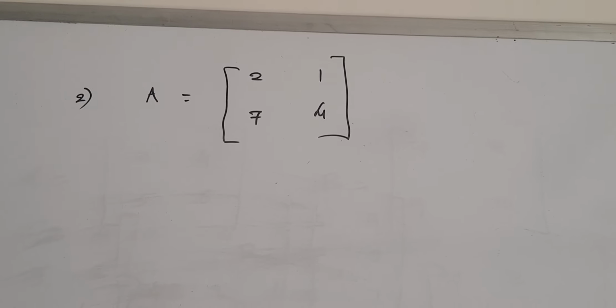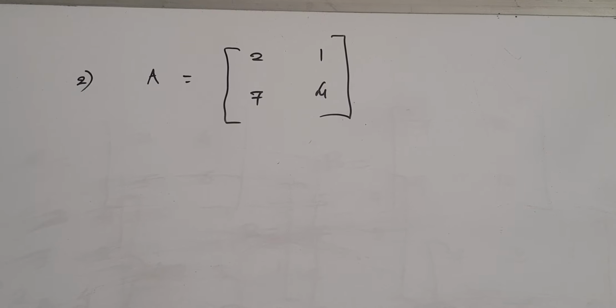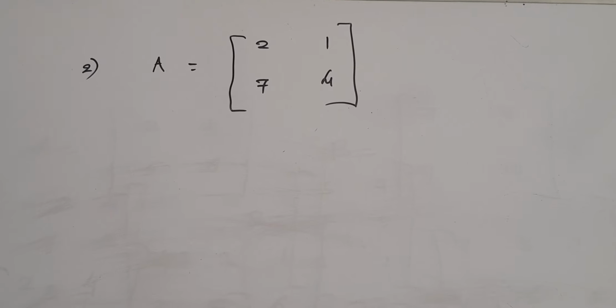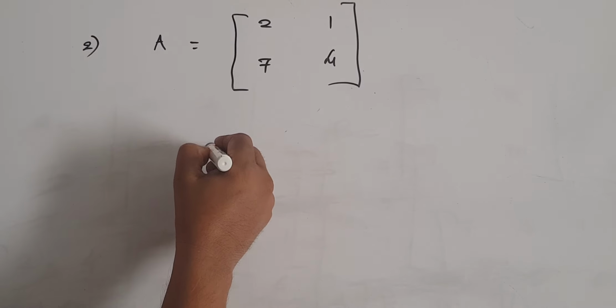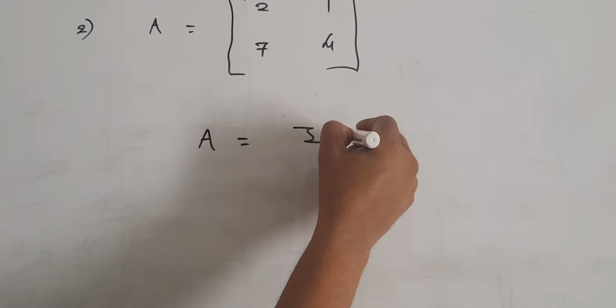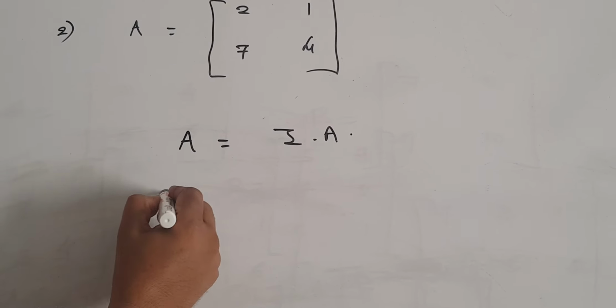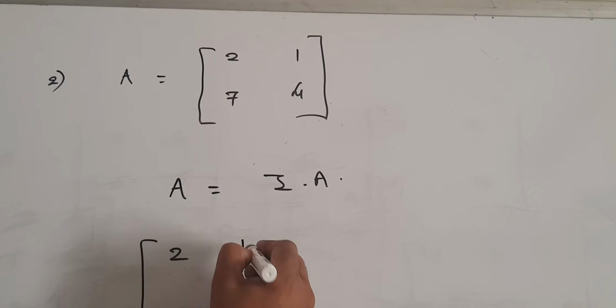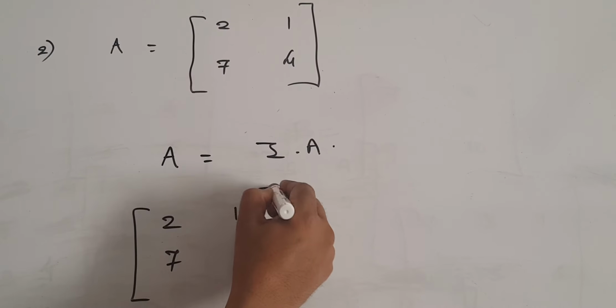You can also use the operation on columns. The thing is similar. Just you have to use these rules for the columns in place of rows. A is equal to what? I into A. Your A is what? So say 2 1 7 4.